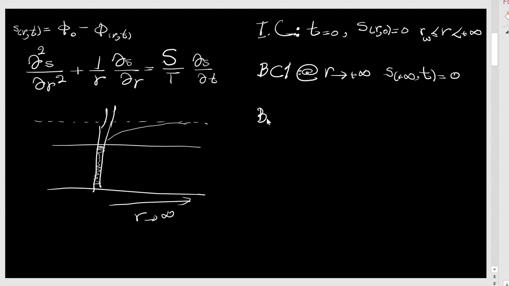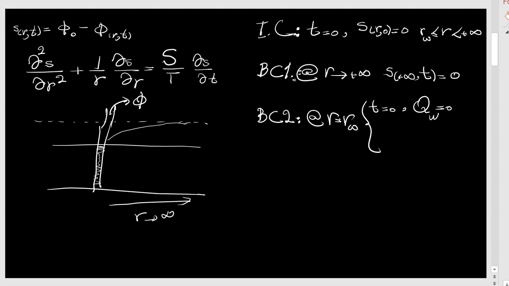Boundary condition 2 can be written as at r equals rw, at t equals 0, the Qw, the pumping rate, is 0.